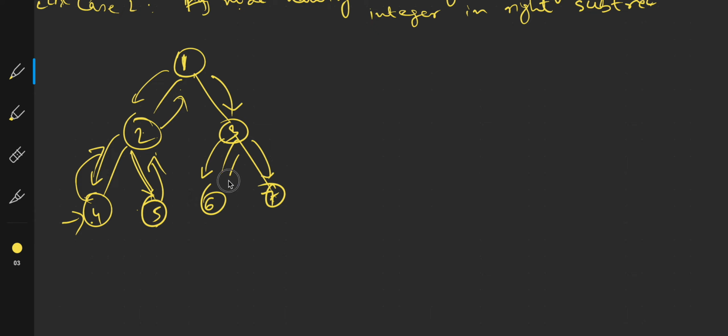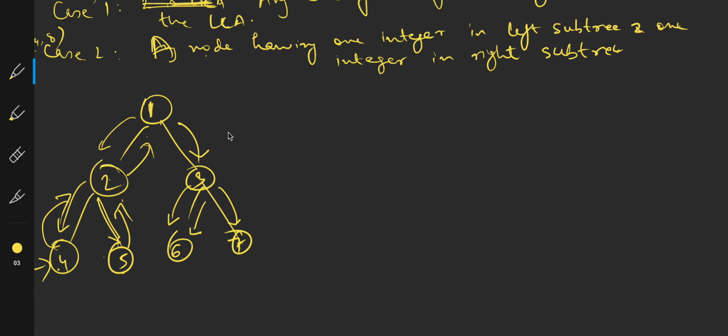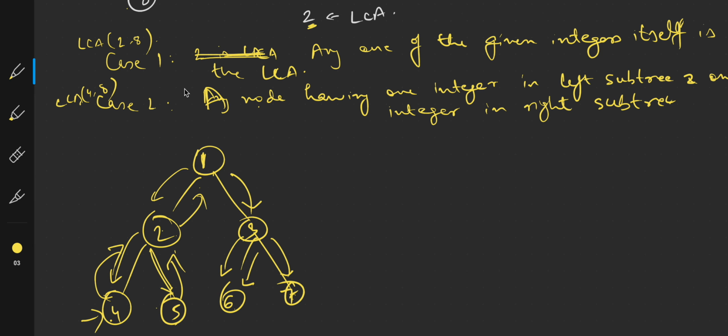Visit every node and check whether it is possible that it can be an LCA or not based on these two conditions, case 1 and case 2, right?